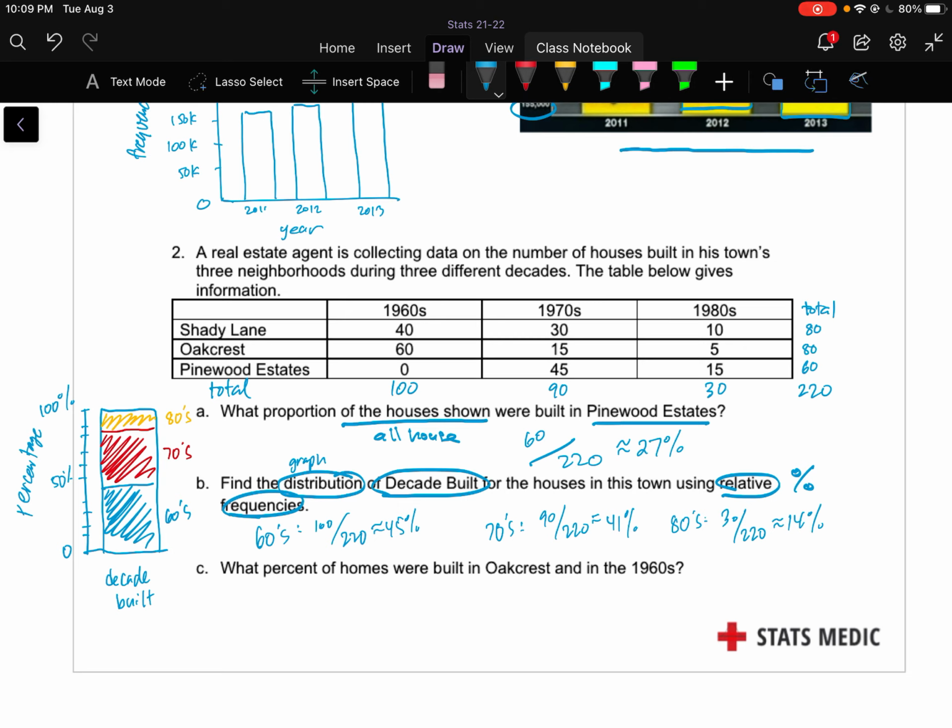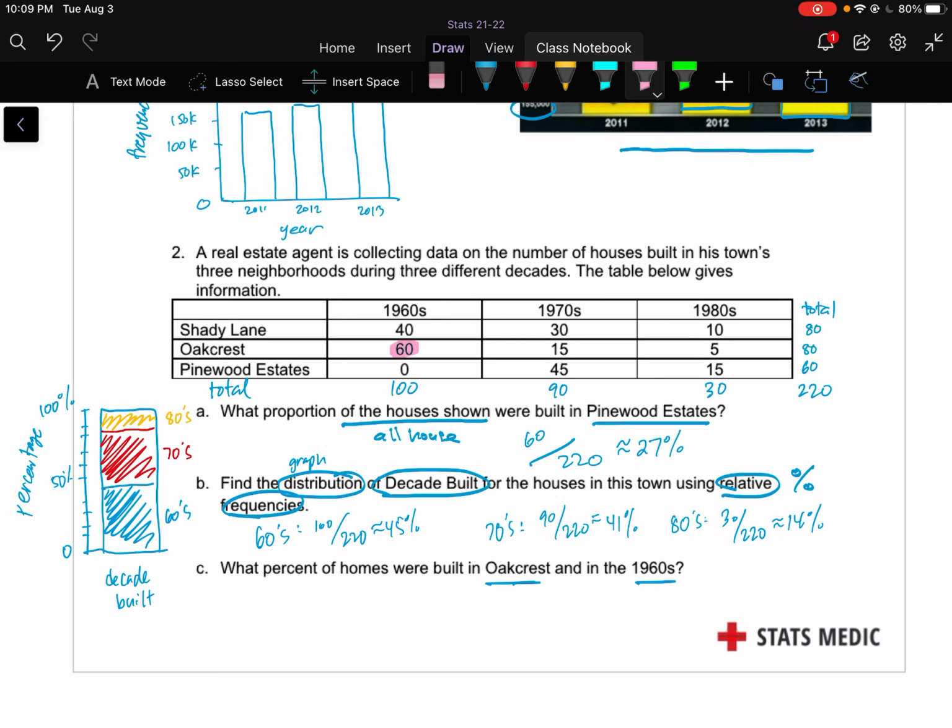Right, last question. What percent of homes were built in Oakcrest and in the 1960s? So it's looking for two specific outcomes, right? A neighborhood and a decade. So we can identify that.